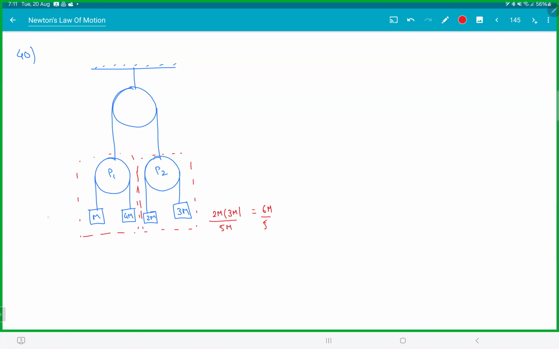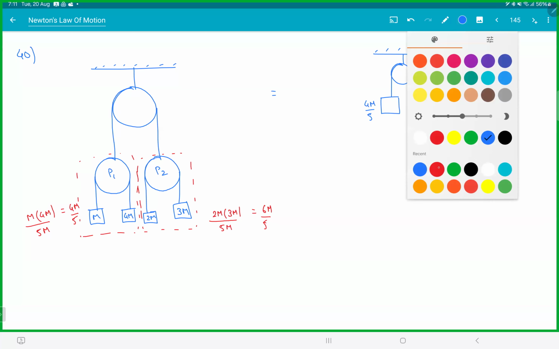I can replace this whole thing with one block, which is m, 4m by 5m, that is 4m by 5. So this is as good as having two blocks, 4m by 5 and 6m by 5. Agreed?